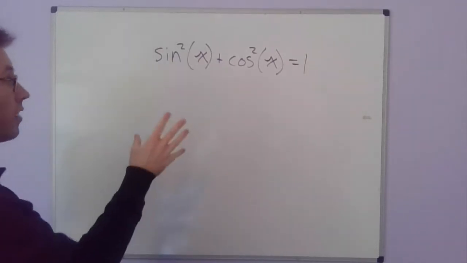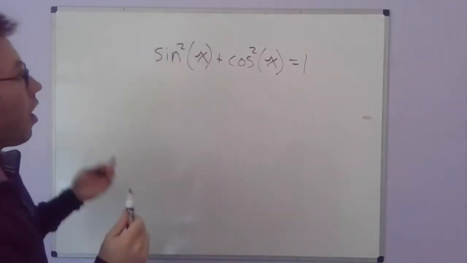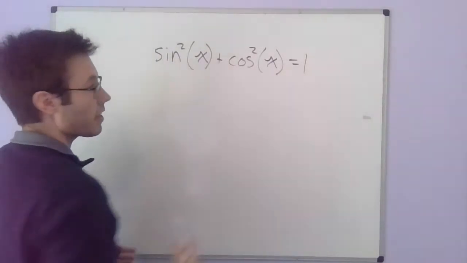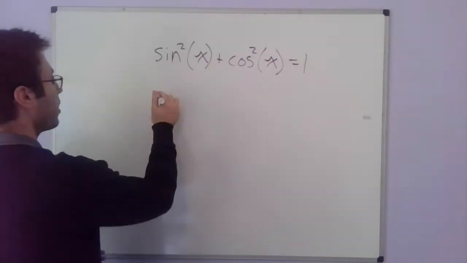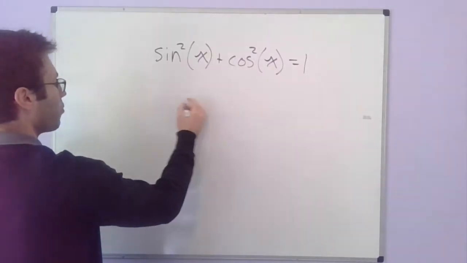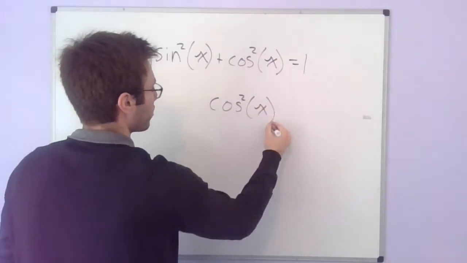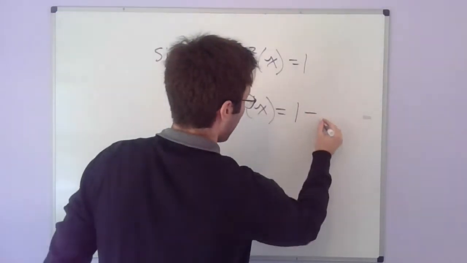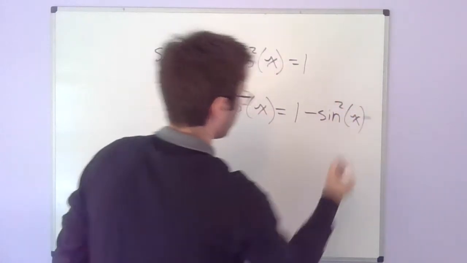Now, it's not just good enough to know this, okay? You also have to know, so let's say I subtract sine squared on both sides. The sine squared is moved over here, and we're left with cosine squared of x equals 1. When we move it over, it has to have a minus sine squared of x.